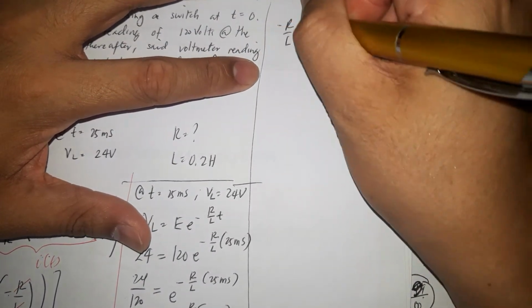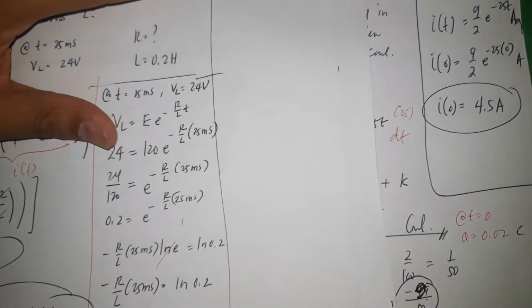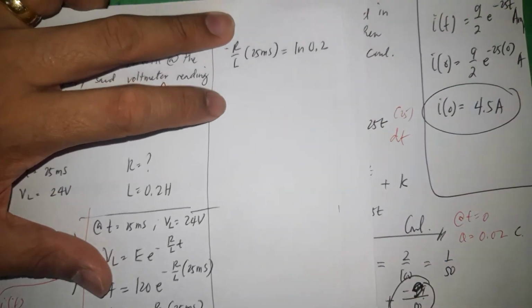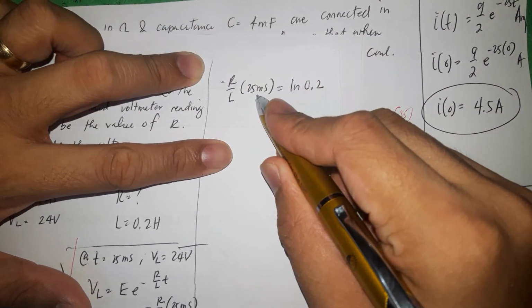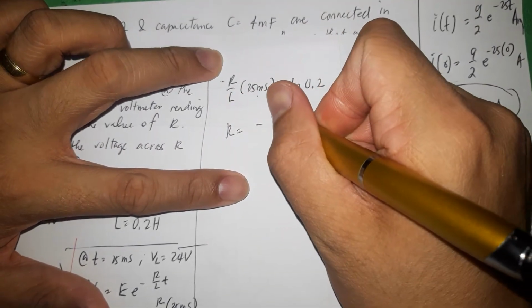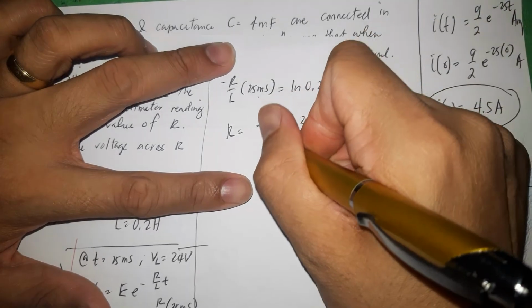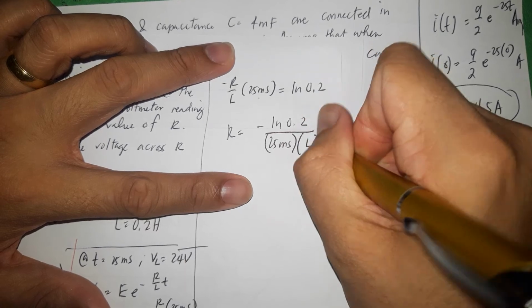Negative R over L times 25 millisecond multiplied by L is equal to ln 0.2. Cross multiplying, dividing by negative, and dividing by 25 millisecond to solve for R. So that's negative ln 0.2 over 25 millisecond multiplied by L.